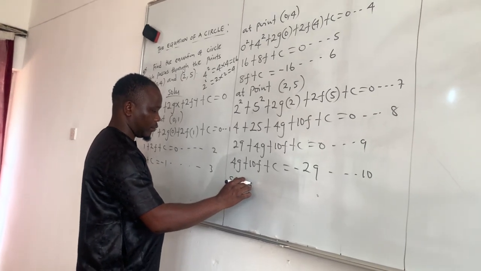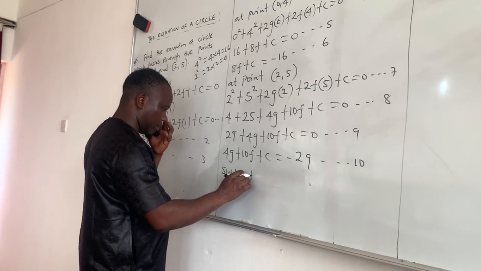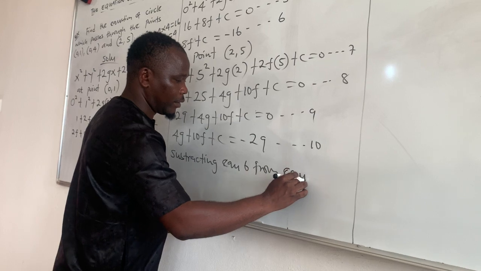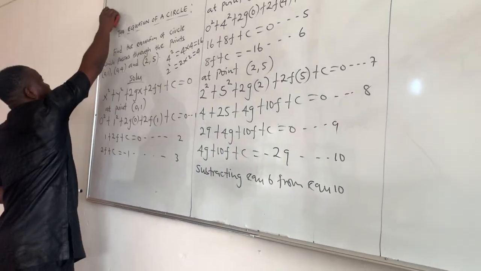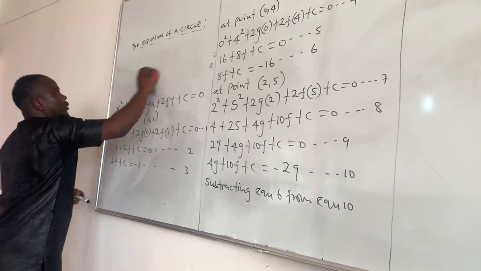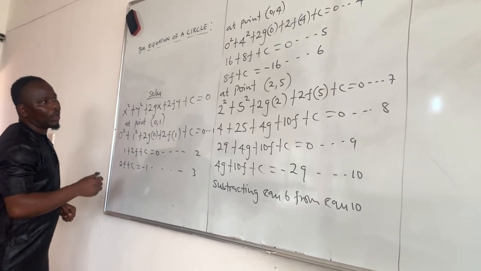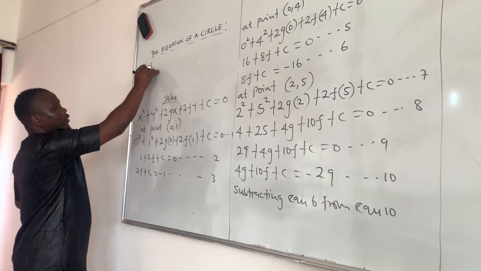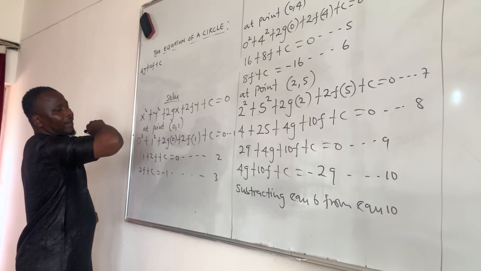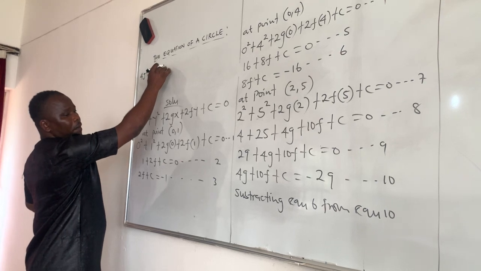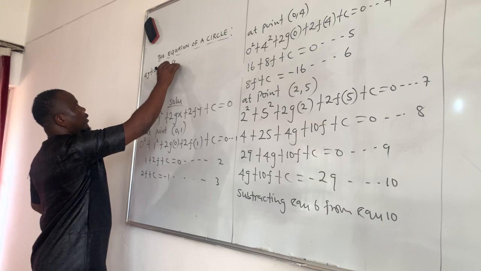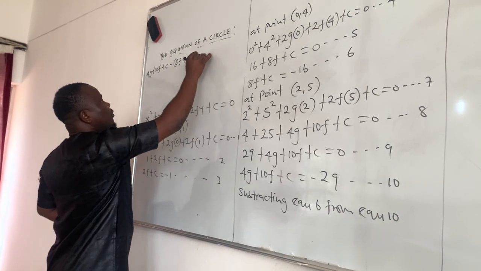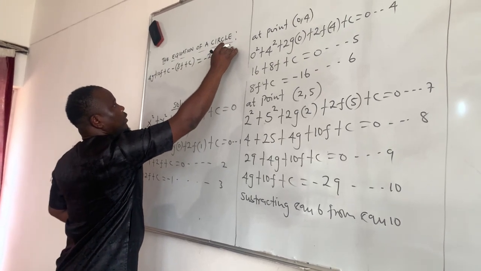Subtracting equation 6 from equation 10, we now have 4g plus 10f plus c, minus 8f plus c, all in brackets, equals to minus 29 minus, all in brackets, minus 16.